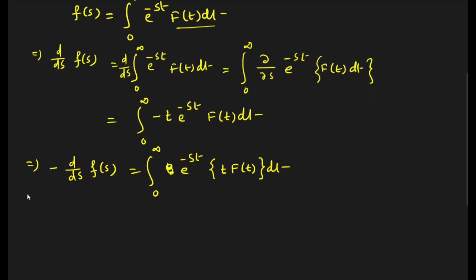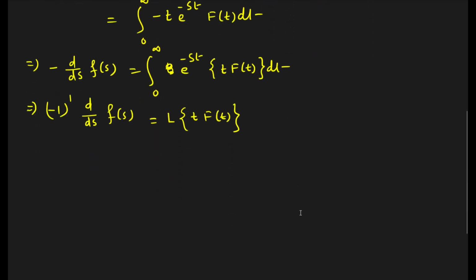Now see this minus sign, we can write as minus 1 to the power n, then d by ds of F of s. Now this particular integration, from 0 to infinity of e to the power minus st times this function dt, is nothing but the Laplace transformation of that function. But here the function is t into f of t.